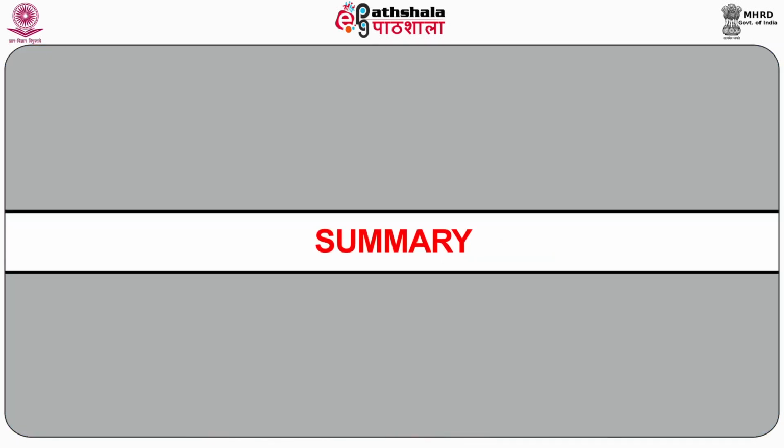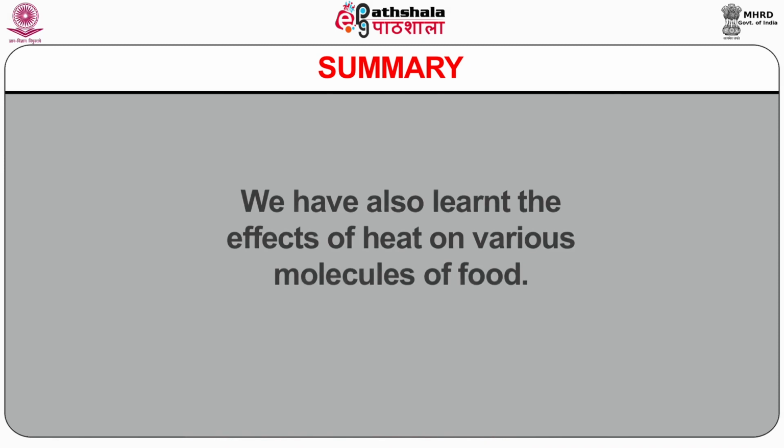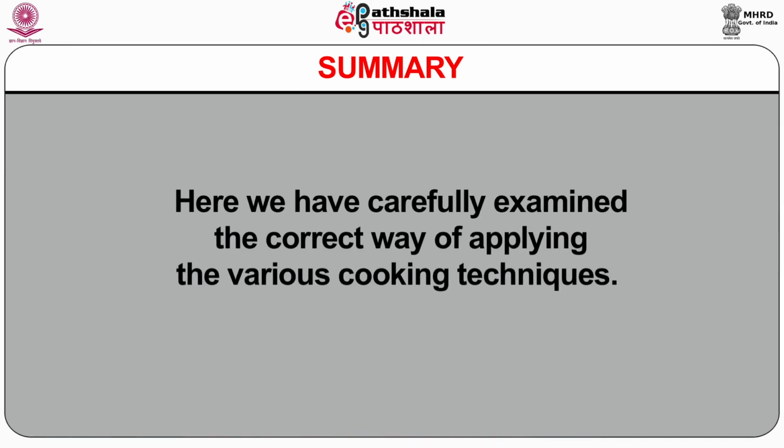Dear students, let's summarize. In this module, we have learnt the various cooking techniques used in food production operations. We have also learnt the effects of heat on various molecules of food. Here we have carefully examined the correct way of applying the various cooking techniques.